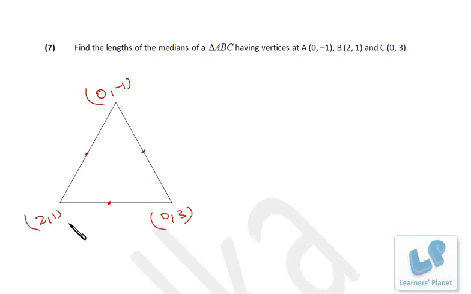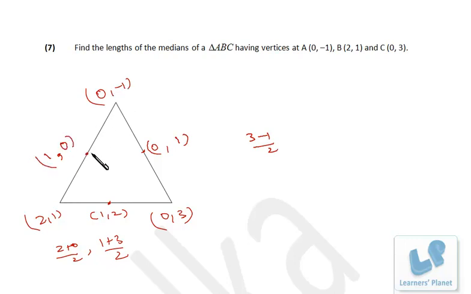Now this is 2 plus 0 by 2 and 1 plus 3 by 2. So that is 1 and 2, right? Similarly, this is 0 plus 0 by 2, so that is 0, and 3 plus minus 1 by 2, so that is 1. Similarly, this is 2 plus 0 by 2, so that's 1, and 1 minus 1 by 2, so that's 0, right? So we got the three midpoints.